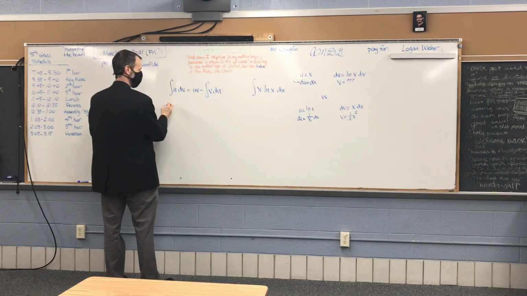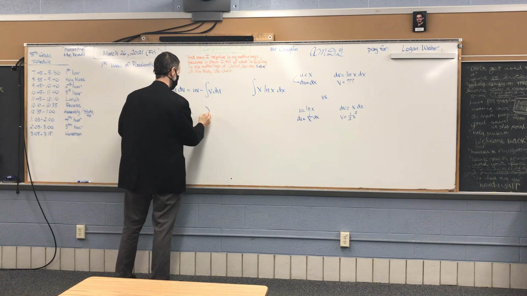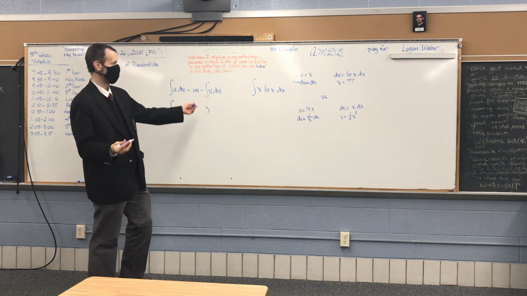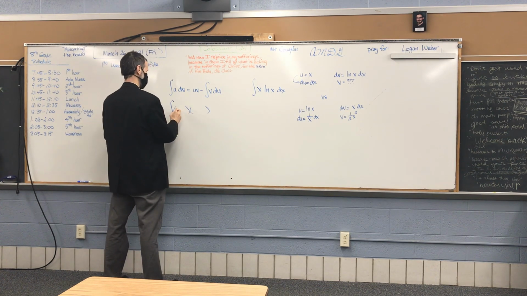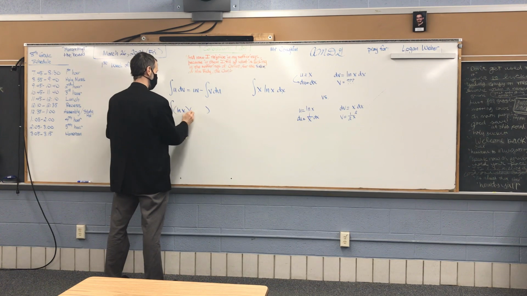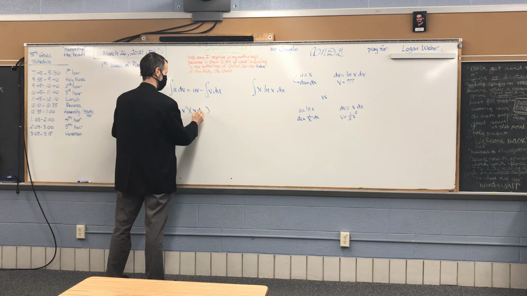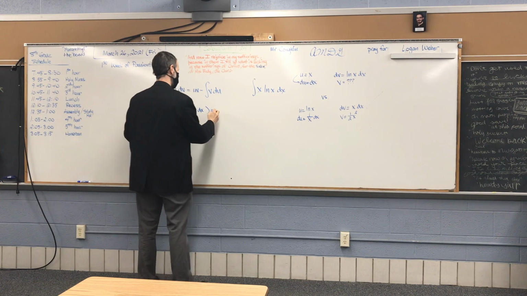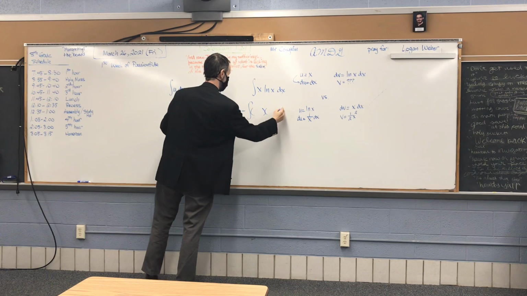So it's the integral of something times something. What's u and what's dv? u is ln of x, and dv is x dx. That equals uv minus the integral of v du.